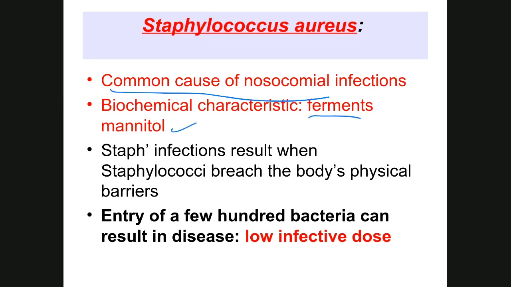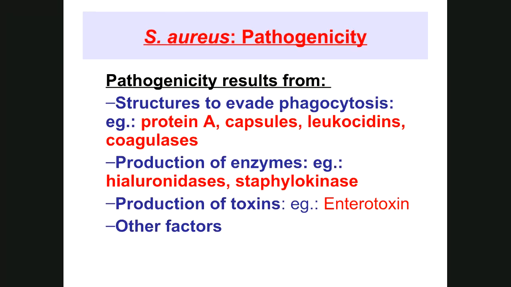Again, that was the basis for the mannitol salt agar plate, which was selective for Staphylococcus, and it could differentiate between Staph aureus, which was mannitol positive, and other Staph that was mannitol negative. One of the features that makes the organism pathogenic is that it has a low infective dose, so only a few cells can cause an infection.